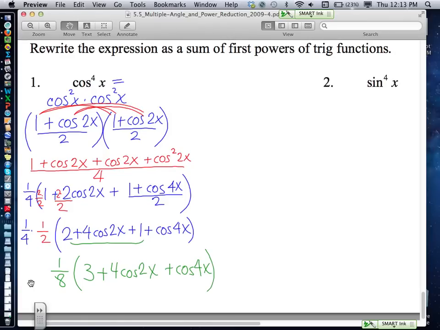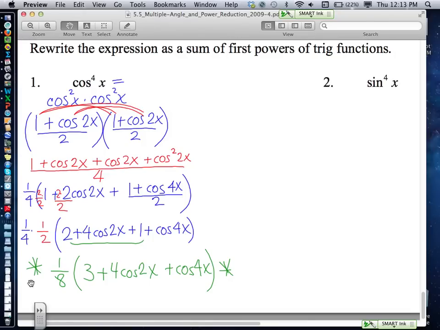And don't be worried that the angles are now different. That's all okay. Our goal here is to write everything as a sum of trig and algebra expressions, really trig and numbers, and then factor out that denominator. So then we're all done. That's what we're looking for right there. Okay, are there any of the steps that I lost you on?